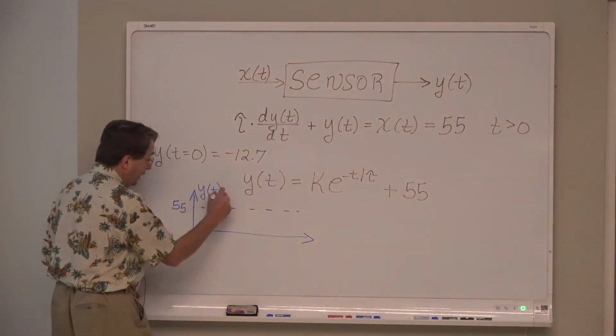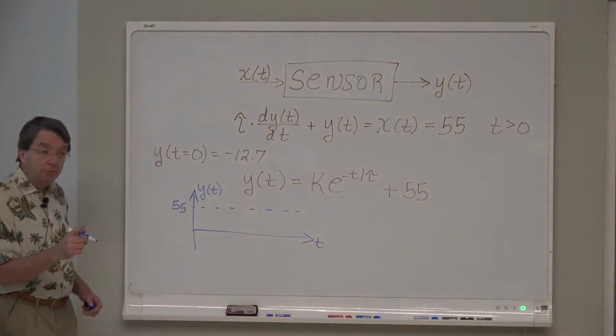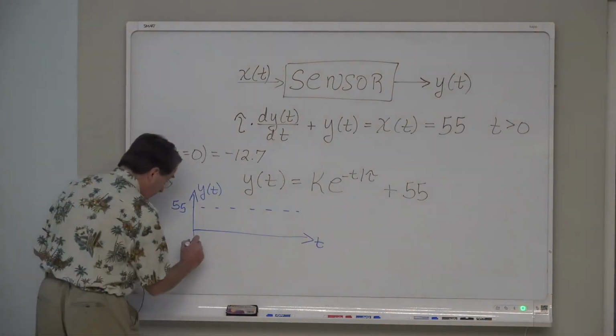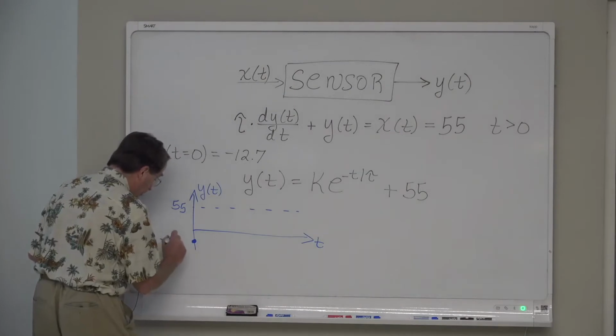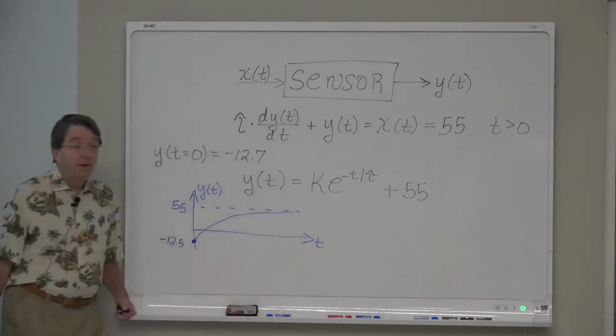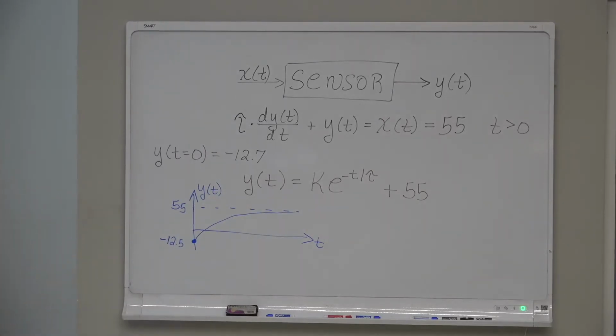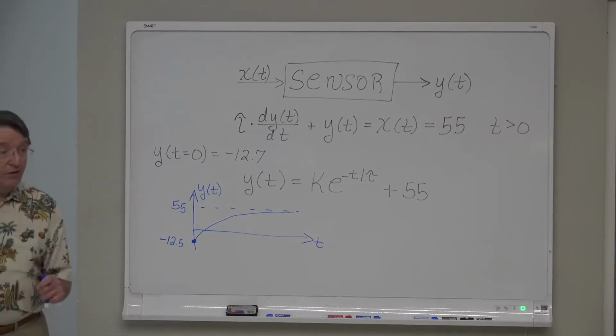This is y of t versus t. Now, I think the initial condition was minus 12.5. So that's somewhere here. And what happens is we exponentially rise to the final value of 55. So the key to answering part B is to note that the final value is 55.